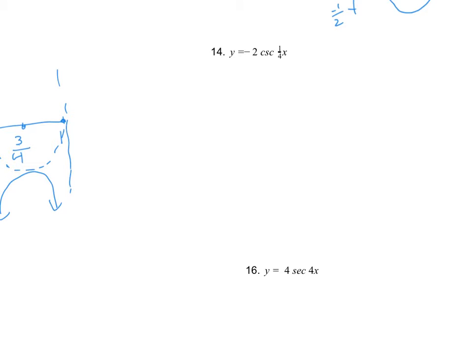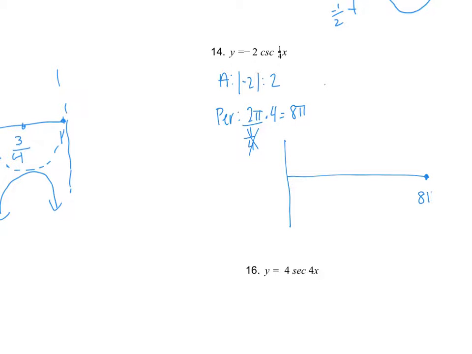Alright, so notice this is negative. My amplitude is 2. My period is 2 pi over 1/4, so we keep change, flip that. We get 8 pi. So half of 8 is 4 pi. Half of 4 is 2 pi.